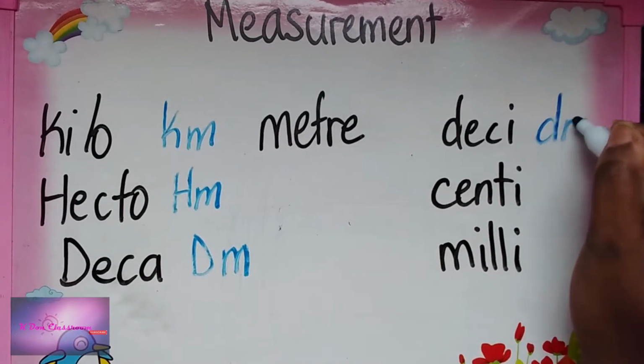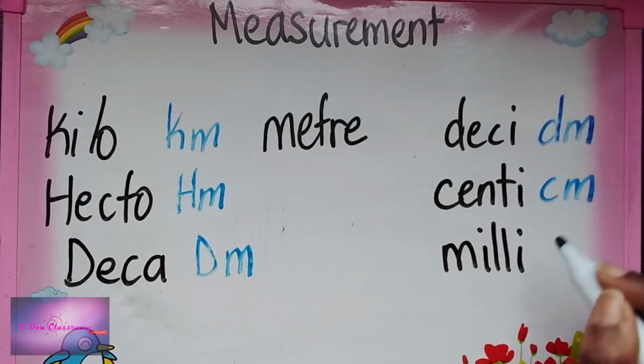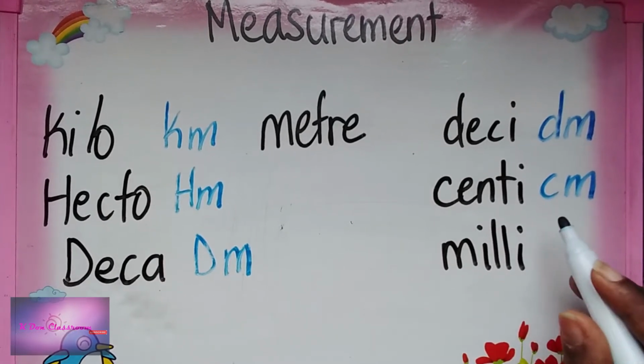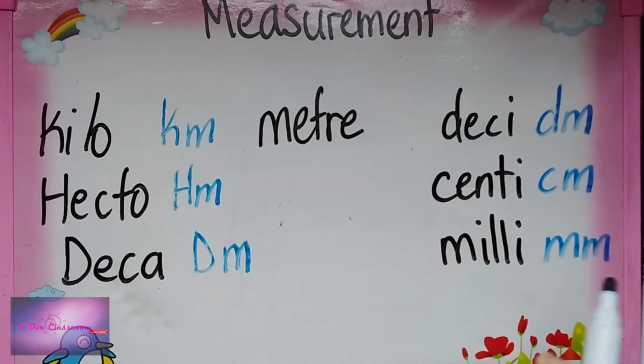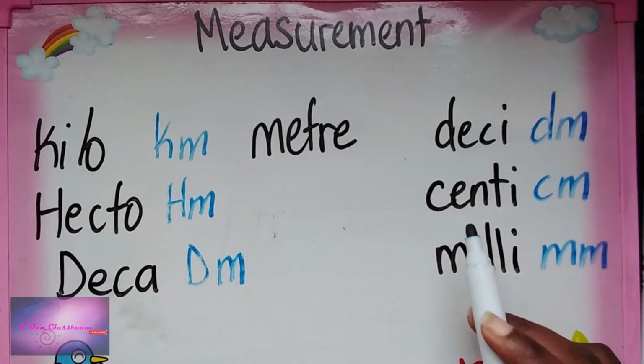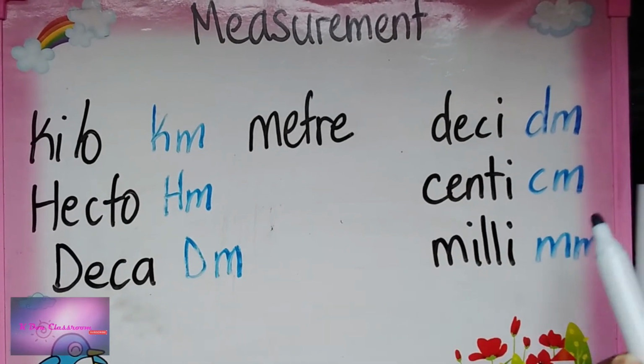Decimeter, centimeter, millimeter. And all of these show that meter is bigger or smaller.